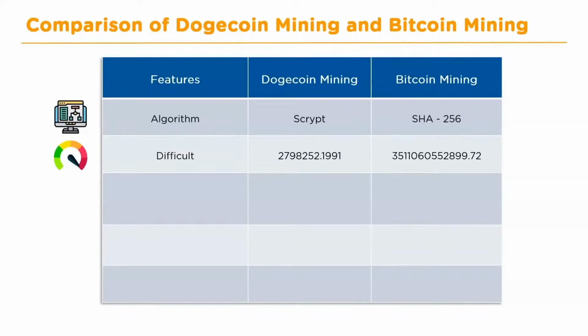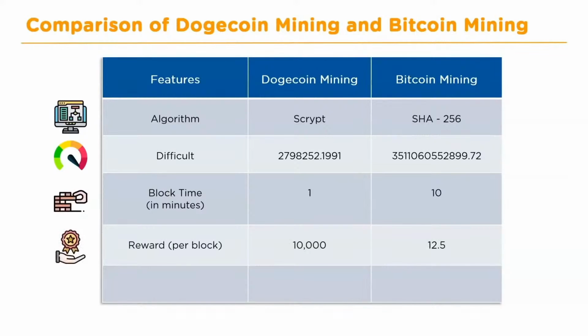Thus, it proves that Dogecoin is easier to mine among other cryptocurrencies. Third is block time. It is the time taken by a new block of transactions to be checked, confirmed, and added to the blockchain. Block time of Dogecoin is 1 minute. For Bitcoin, it is 10 minutes.